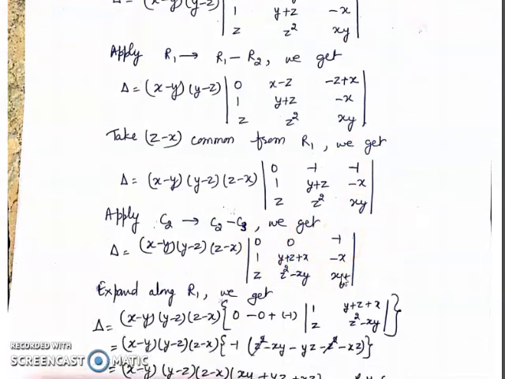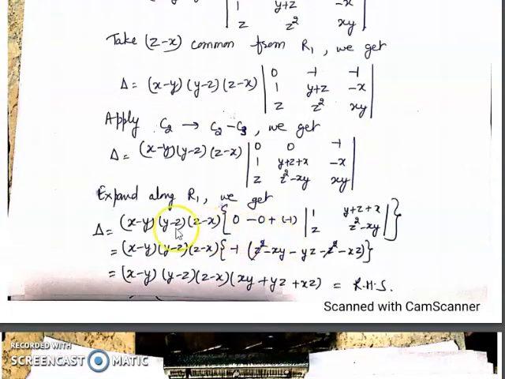So expand along R1. We will expand along R1. So x minus y, y minus z, z minus x as it is. 0 minus 0 plus of minus 1.